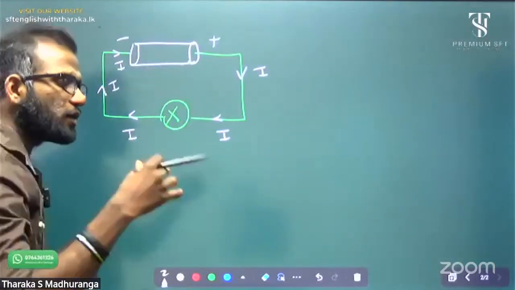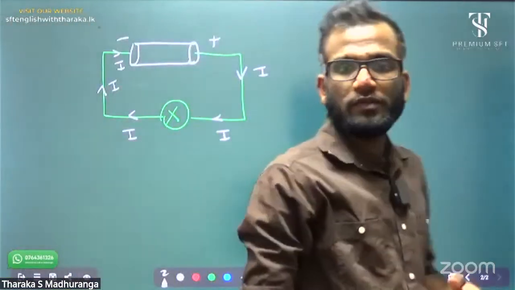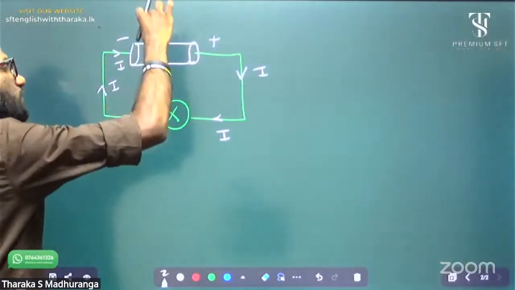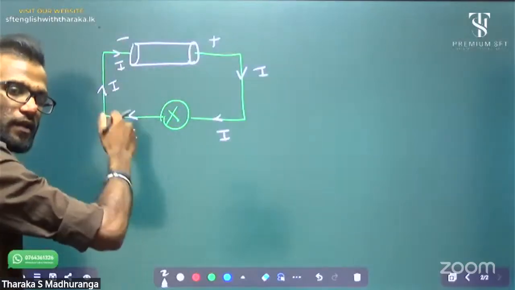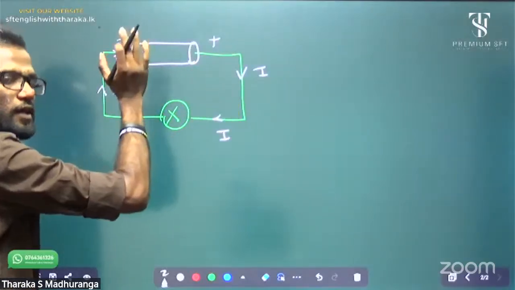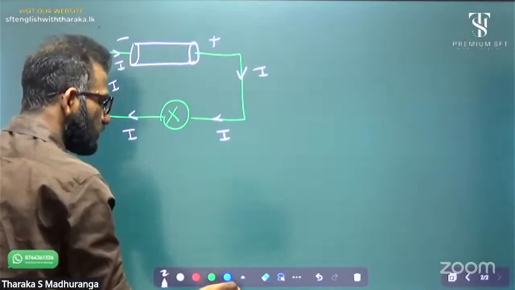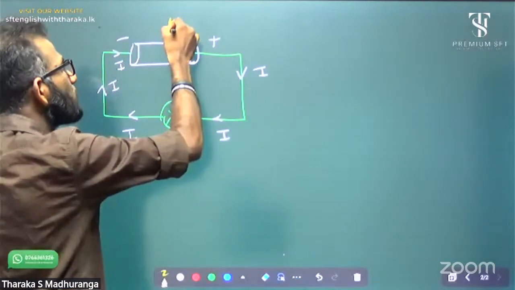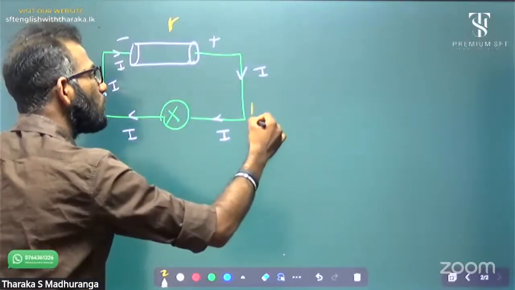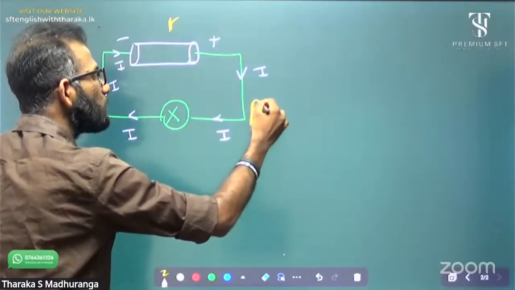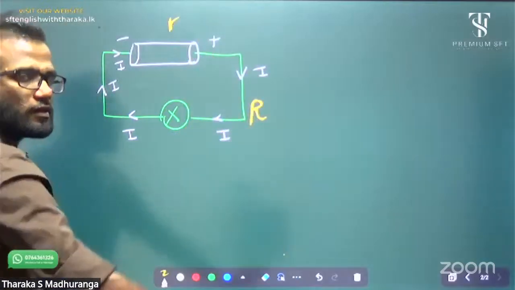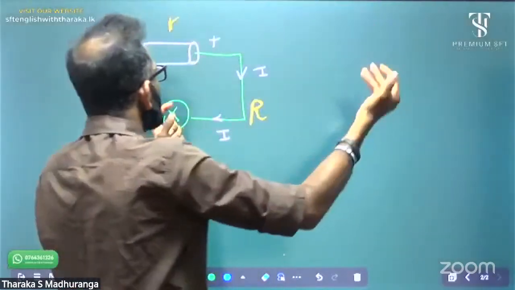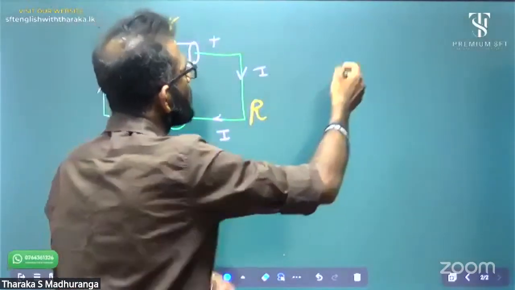Due to the cell's internal resistance and the conductors' external resistance, the internal resistance we call simple r. It is a very simple story, small r. The external resistance, the conductors' external resistance, we call capital R. Due to both resistances, the potential difference decreases. When I connect it, making current flow, what happens?